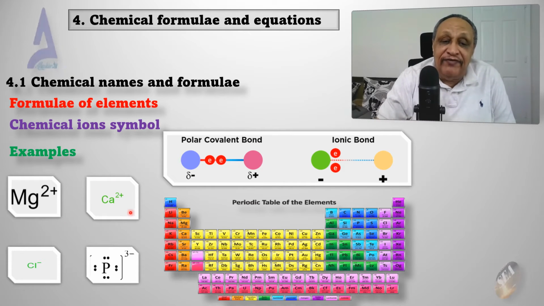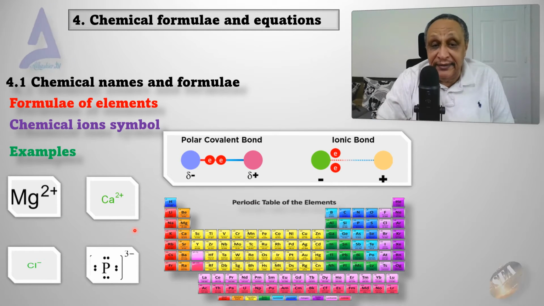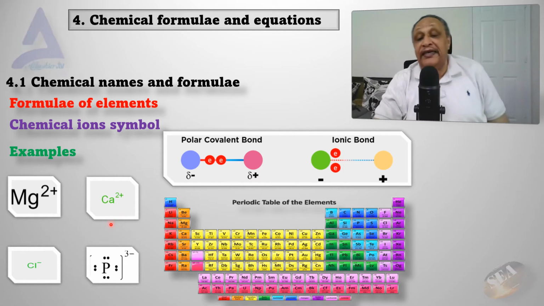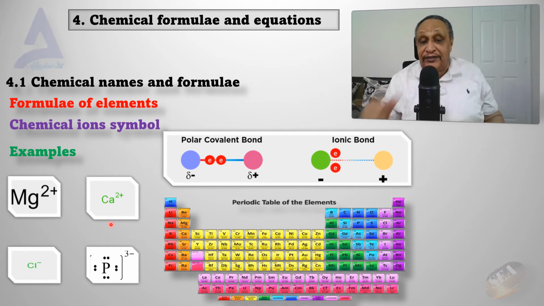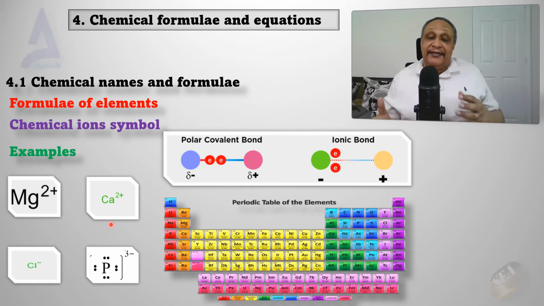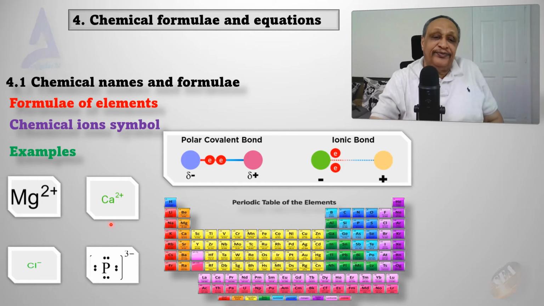The same thing for the calcium ion. It is 2+ because it contains more protons than electrons.